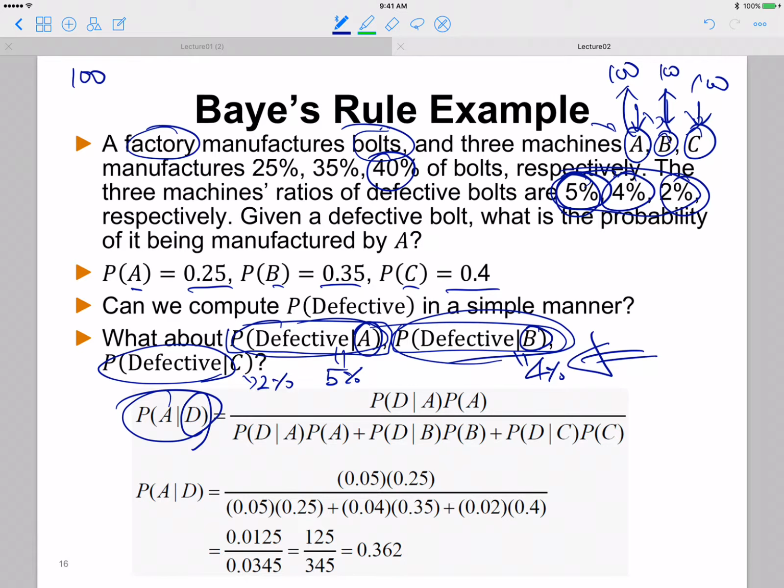So choosing the machine is done first, and then whether it's defective or not is done in the second stage. But we consider the situation where those two events are in reverse order. So we only know this one is defective, but we consider what is the probability that this defective bolt was produced by machine A.